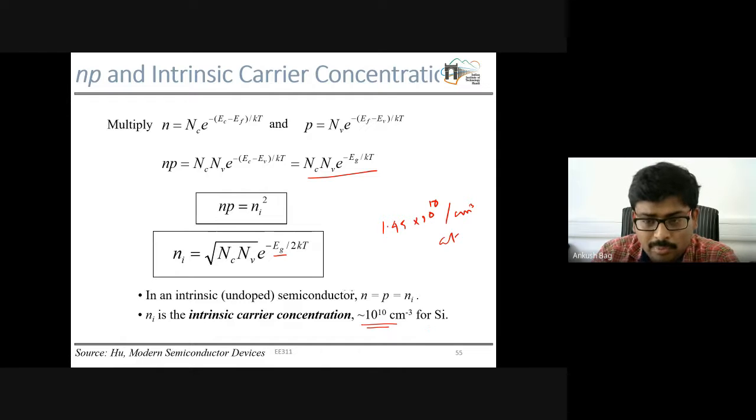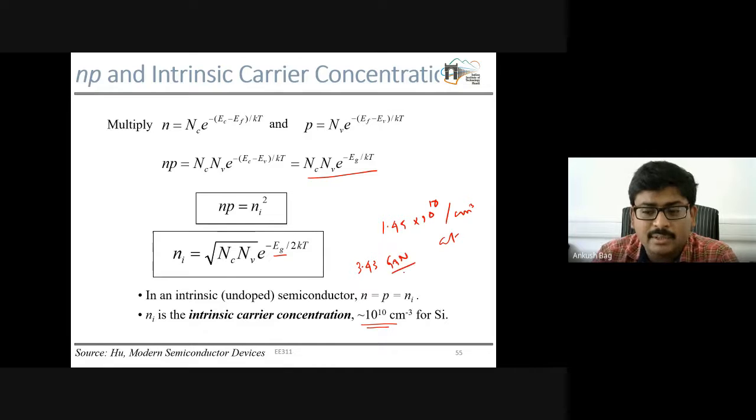Now from here you can understand, if we once again recall the band gap: for silicon it is 1.1 electron volt, but for other materials it changes, like 1.43 for gallium arsenide, a compound semiconductor, or 3.43 for gallium nitride, also a compound semiconductor.